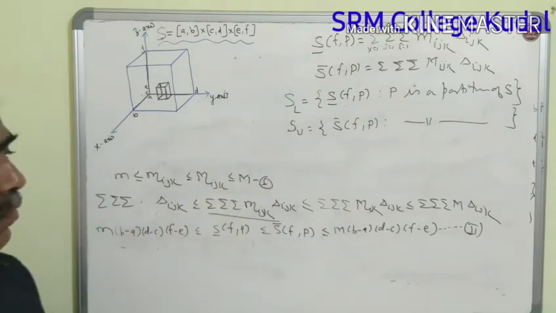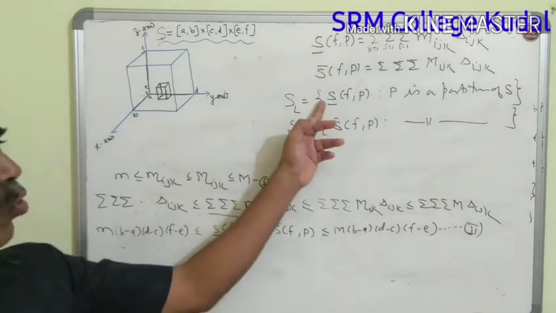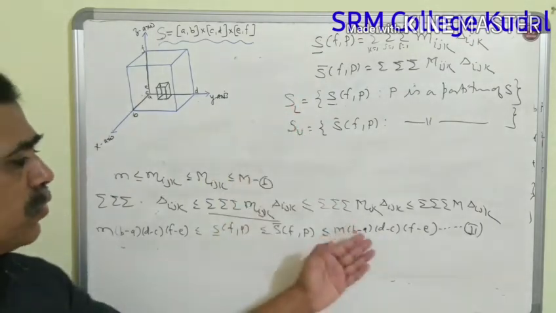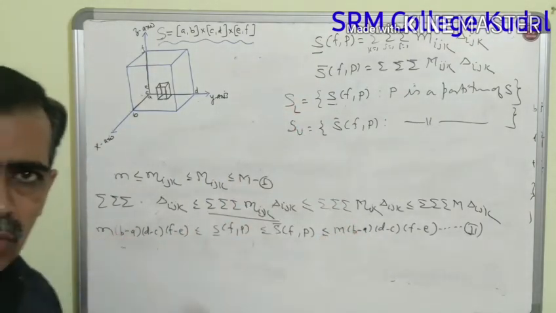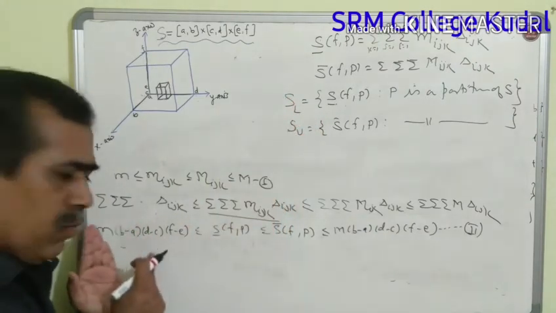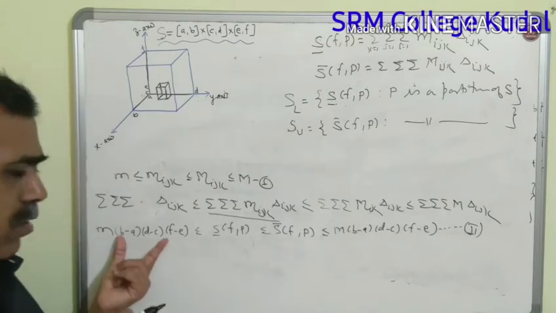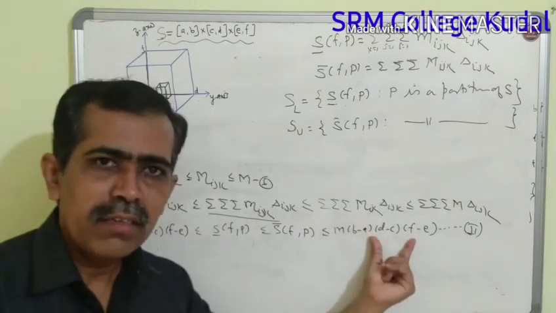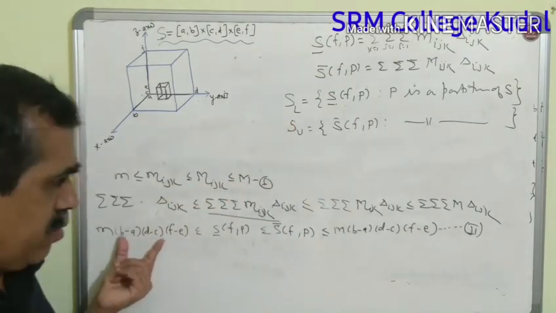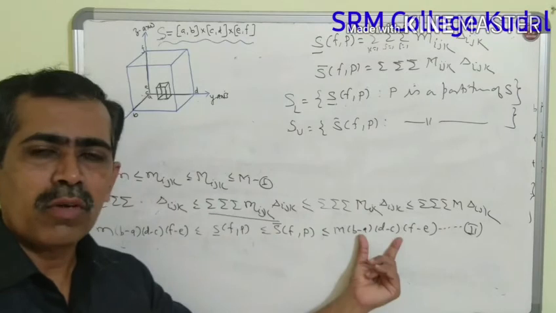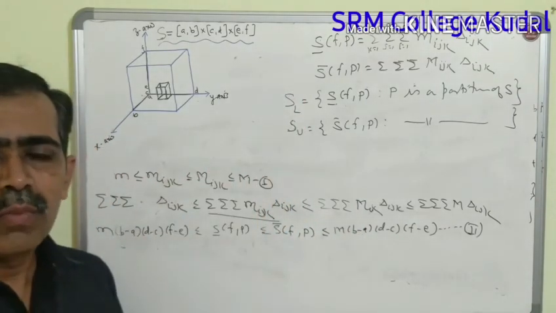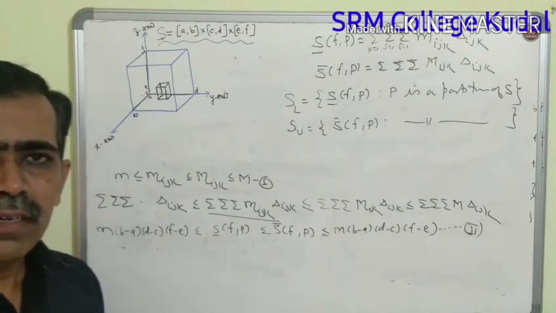Therefore, every member of the set of all lower sums SL lies between these two definite numbers, so SL is bounded below by this number and bounded above by this number. Similarly, the set of all upper sums is bounded below by this number and bounded above by this number. As these two sets are bounded below and bounded above, they will obviously have infimum and supremum.